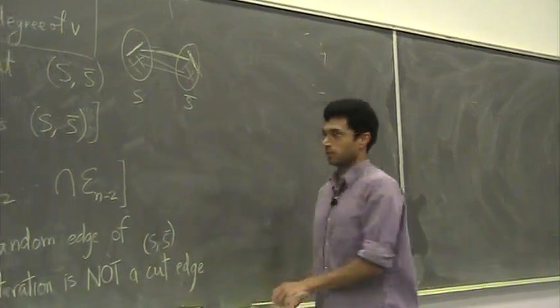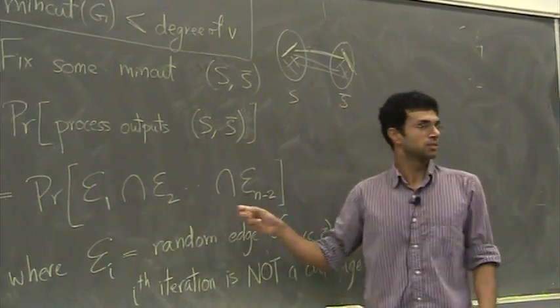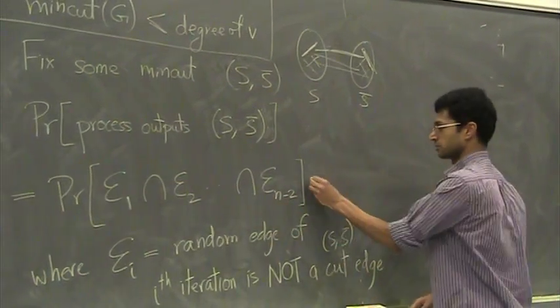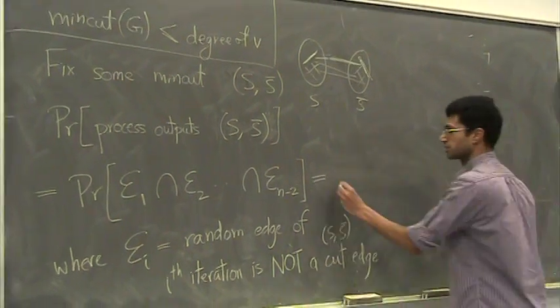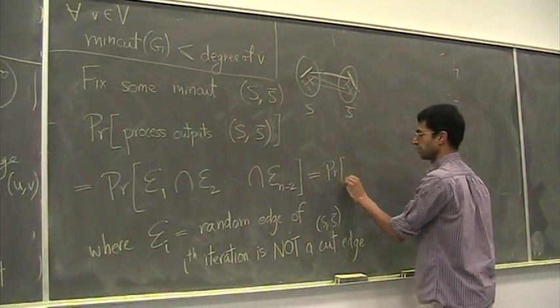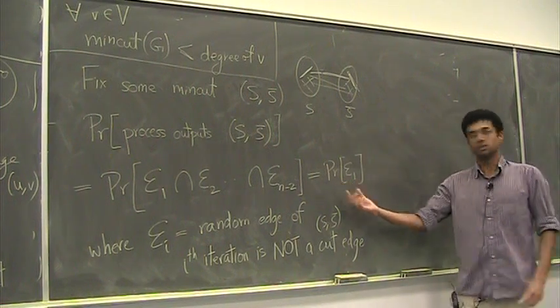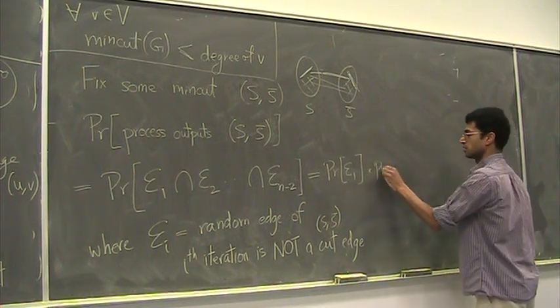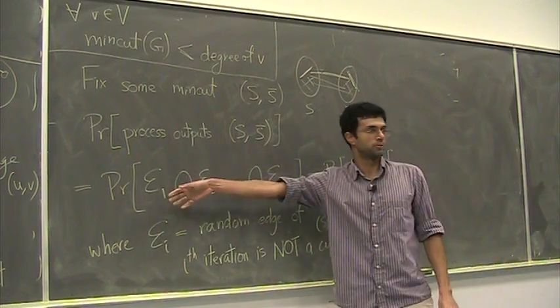And so now let's go back to this. And we're just going to write this in terms of various conditional probabilities. So first, what's the probability of the first event times the probability of everything else happening conditioned on the first event?